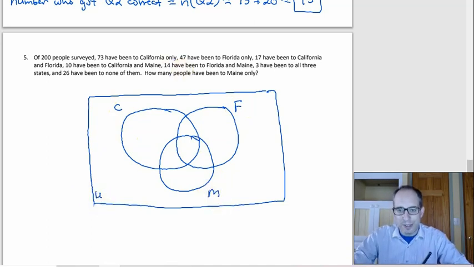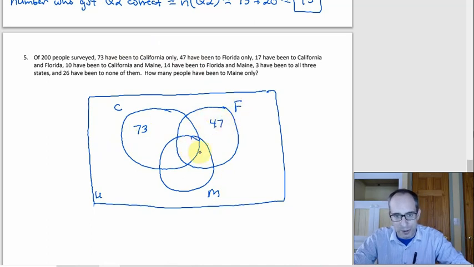And like I said, you could put the onlys in at the beginning if you felt like it. So California only, that's not going to be in any overlap. It's going to be out here. So that's 73. And then Florida only is going to be 47. So that's in the F circle, but doesn't overlap anything else.